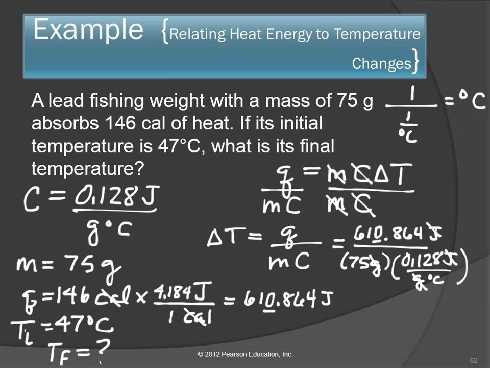Or you could just believe me. Okay, so now I've got the 610.864. I'm going to divide by 75, and I'm going to divide by 0.128. And I'm going to come up with a temperature change of 63.6317 degrees Celsius.